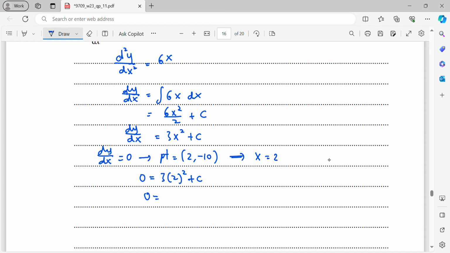So 0 is 3 times 4, which is 12, plus c. Hence your c is negative 12. Therefore, substitute into this equation. So dy/dx equals 3x² - 12 because your c is negative 12. So done for this part A.